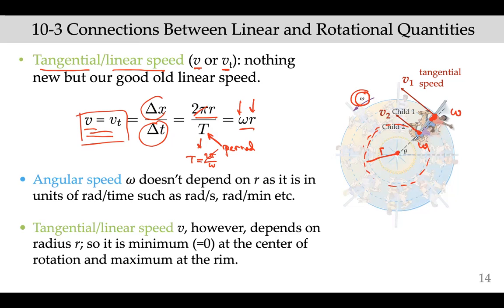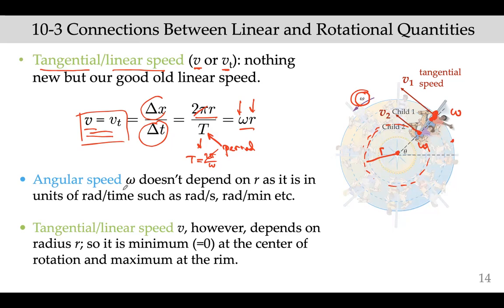But as you get close to the rim, the velocity that the child experiences is getting more and more. At the rim, the tangential speed is the maximum because you get the maximum distance from the axis of rotation.